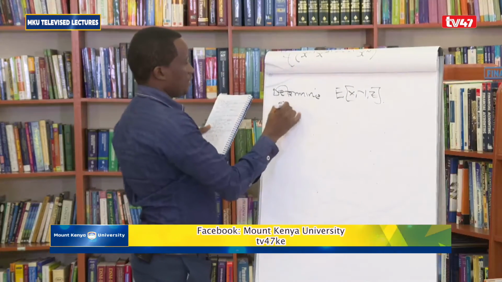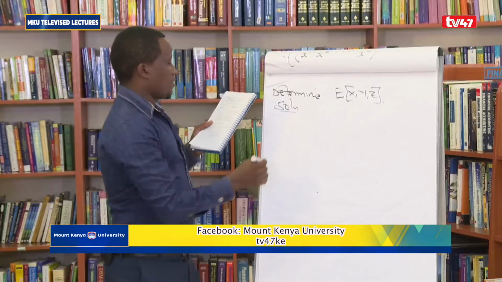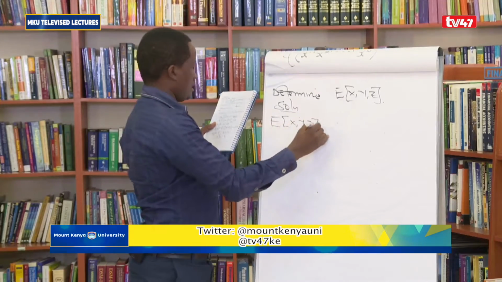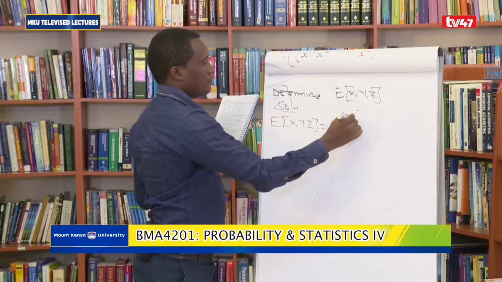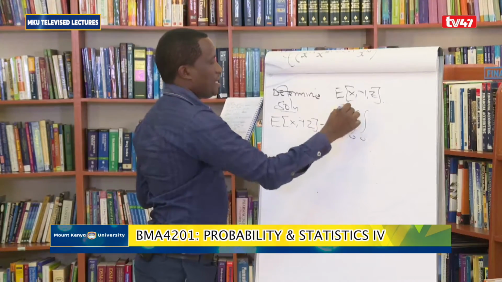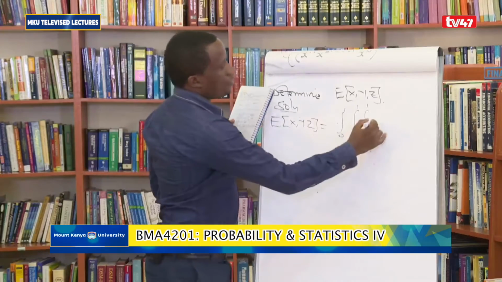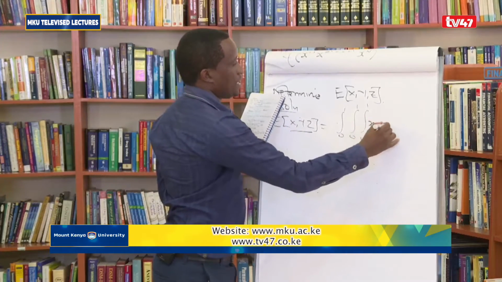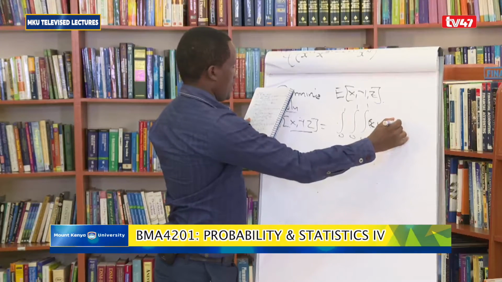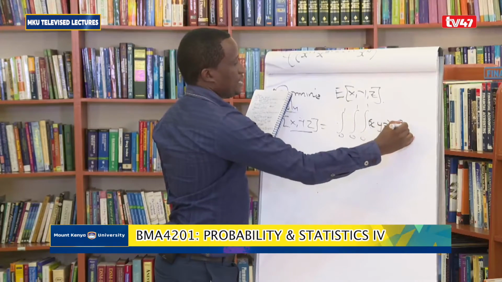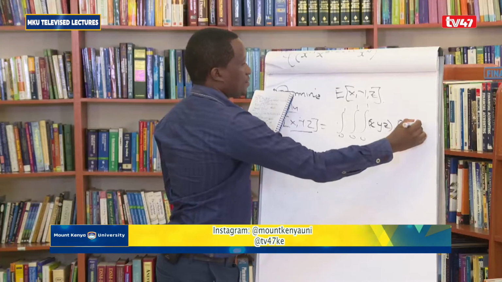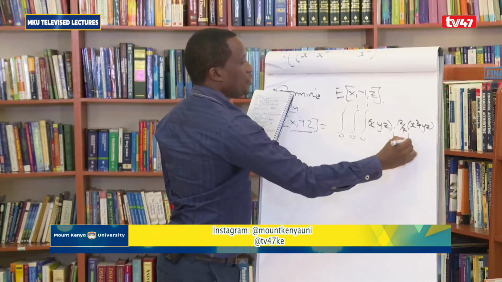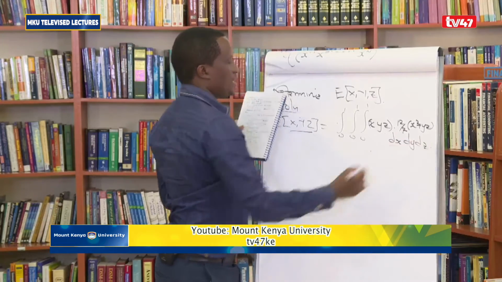So the solution to this, we are going to get expected of xyz as the integral. We have the 3 variables in question. Then we put whatever we are looking for, the expectation here, xyz. Then we put the distribution, that is 12 over 7, x squared plus yz, and we are integrating with respect to each of the random variables.